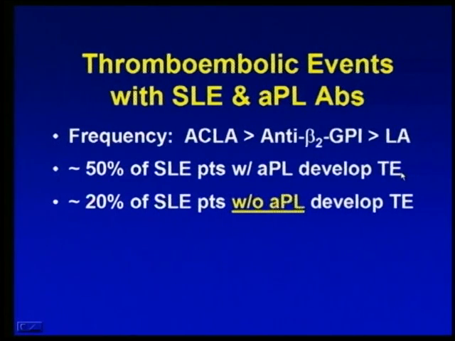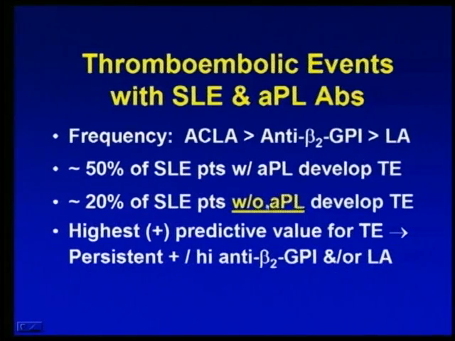Importantly, patients with lupus have a hypercoagulable state even independent of the antiphospholipid antibodies. About 20% of patients with lupus who don't have antiphospholipid antibodies also develop thromboembolic events. So there may be some synergy or additive effect in patients with lupus.